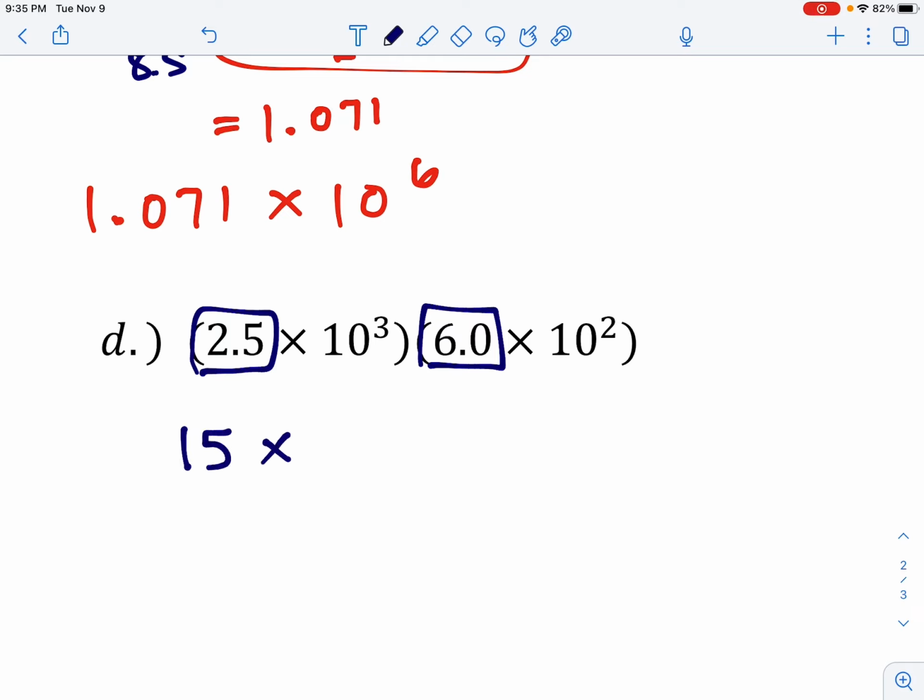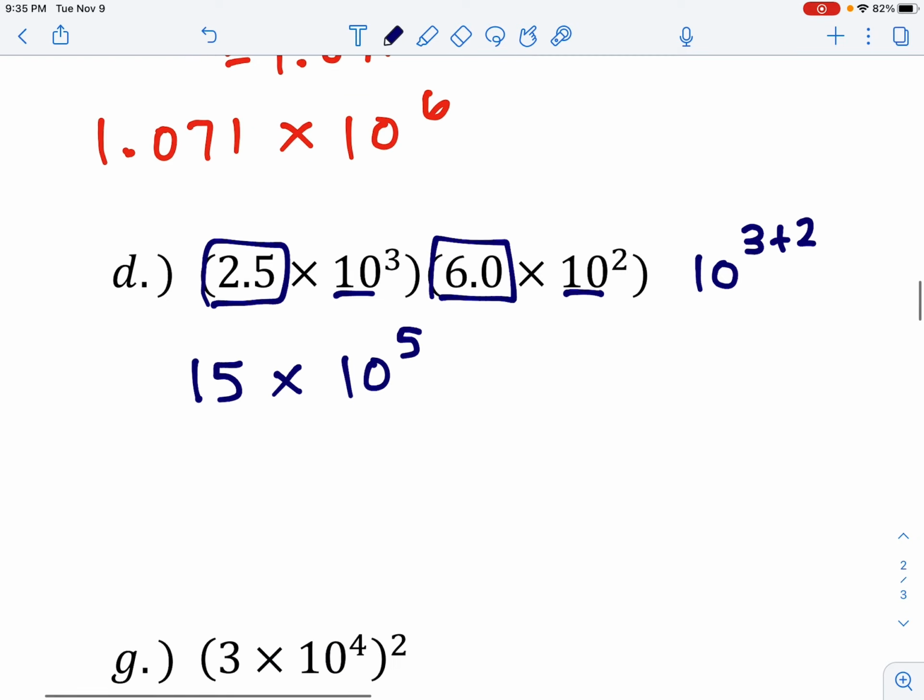Times, and we're going to follow the same rule, 10 and 10. When we multiply powers, we add exponents. So this is going to be 3 plus 2, so that's going to be 10 to the 5th power. Now 15 is not in scientific notation, so with my decimal here, I'm going to have to move it back 1. Back 1 adds 1 to my exponent.